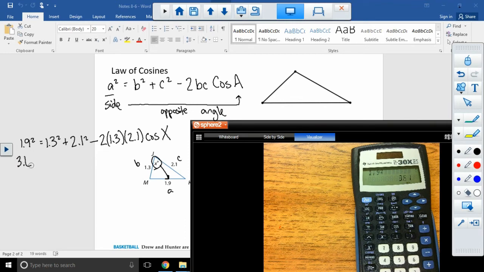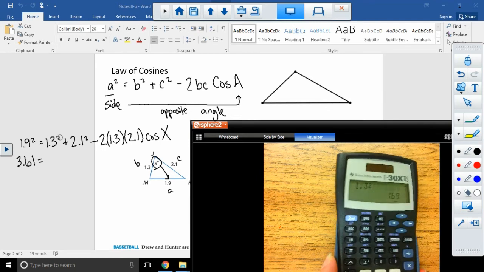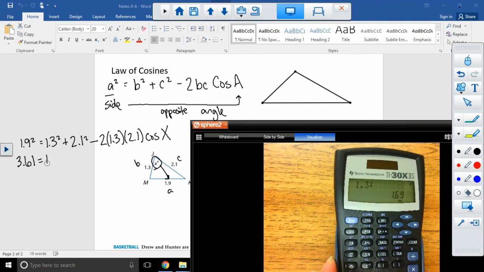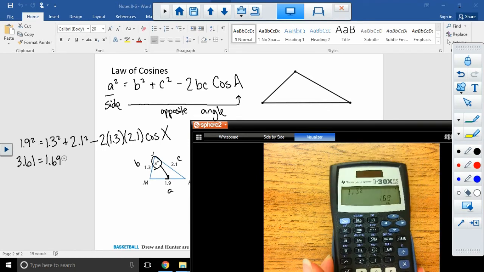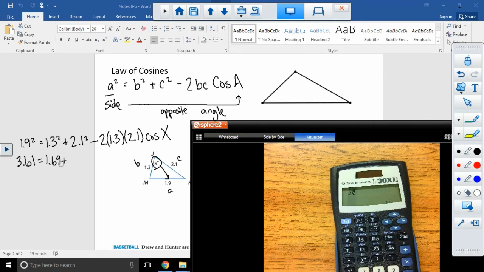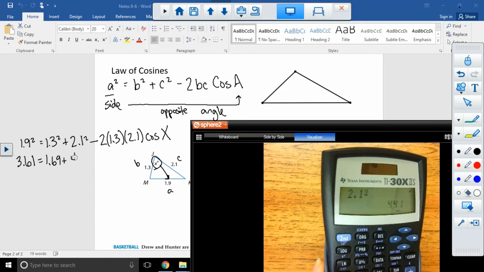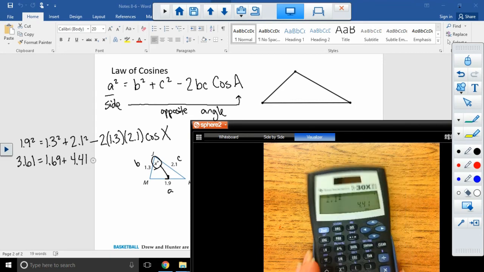We have 3.61 equals 1.3 squared, and that is 1.69. We have 2.1 squared, and that number is 4.41.